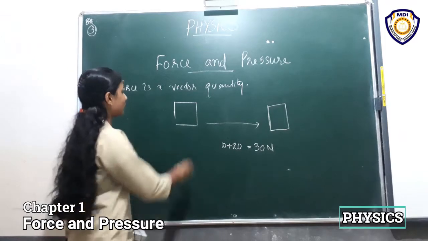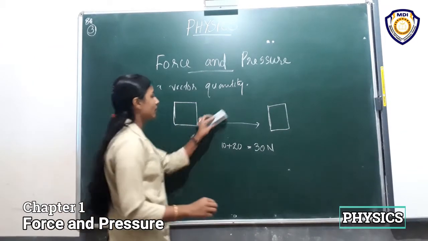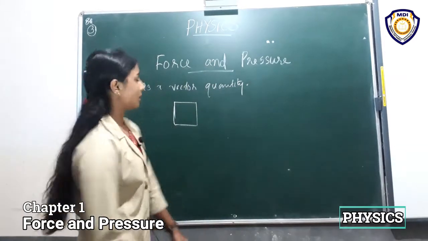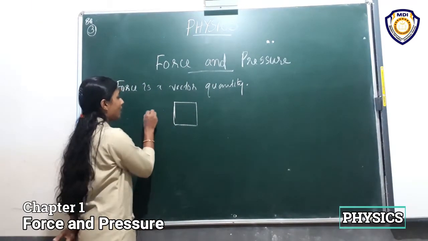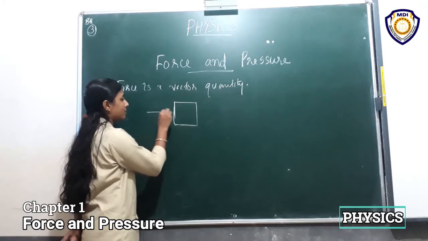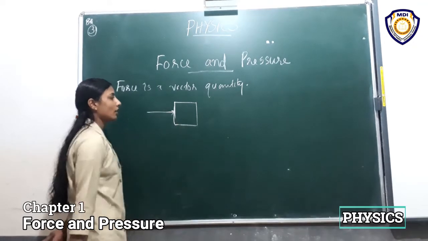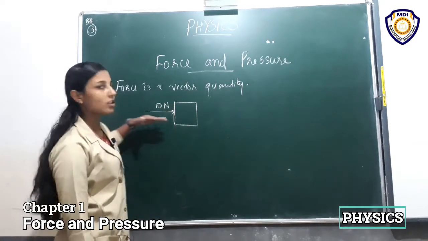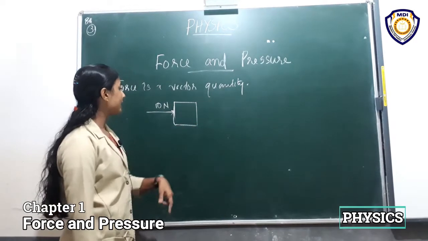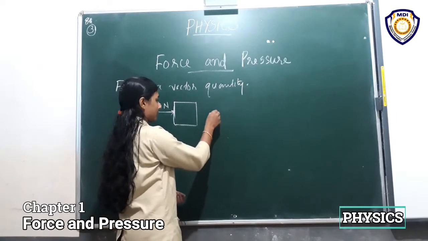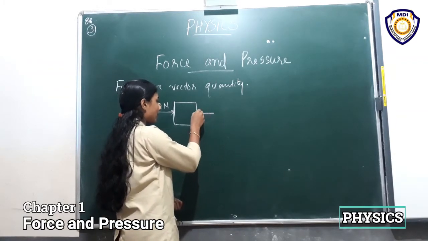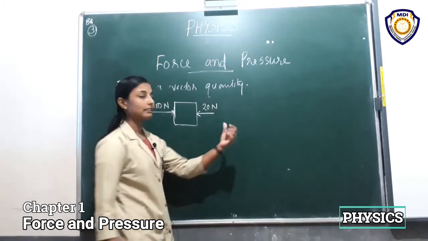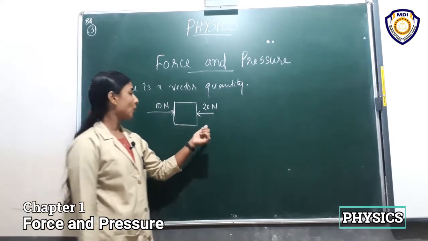And we can see another situation. A person is applying a 10 Newton force on this box in this direction, and another person from here is applying a 20 Newton force in the opposite direction.